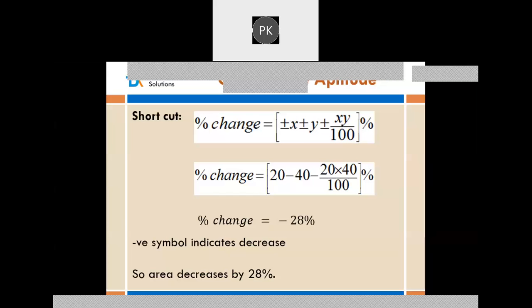If anybody can't understand, they can copy from the chat box.